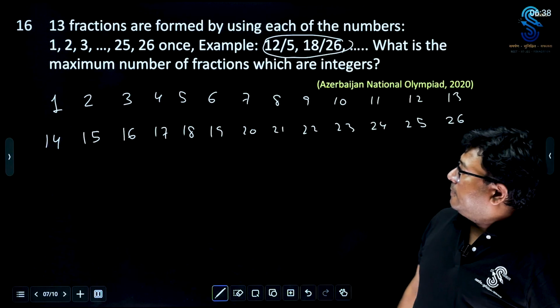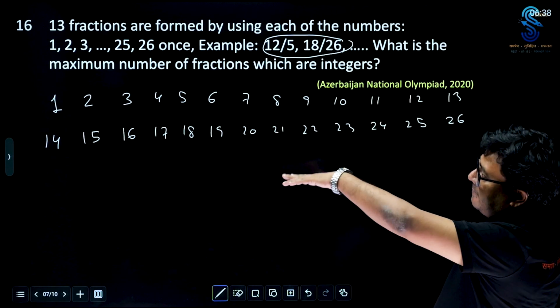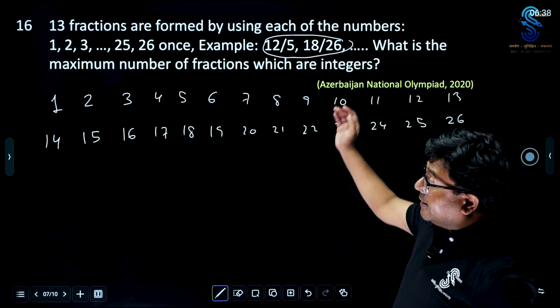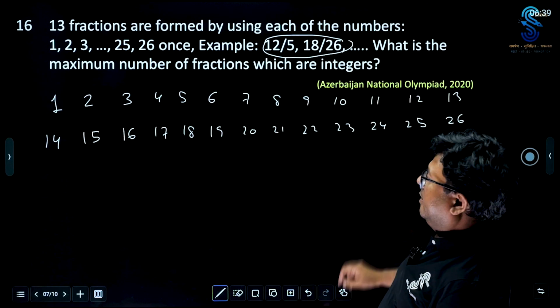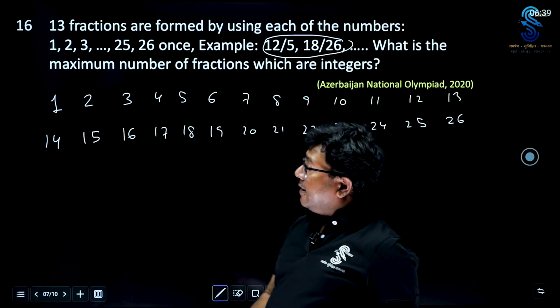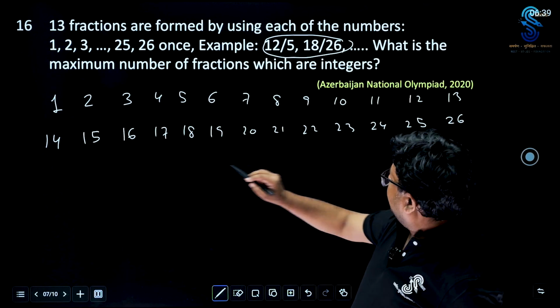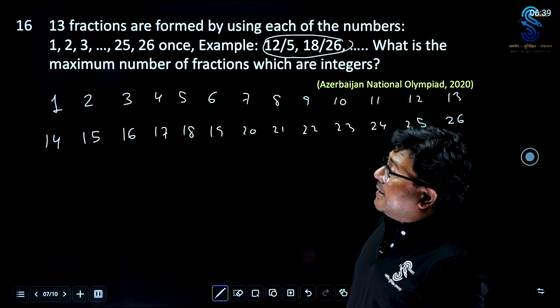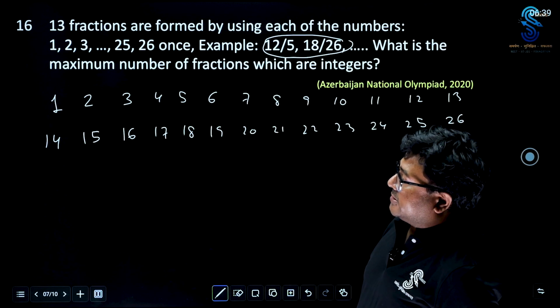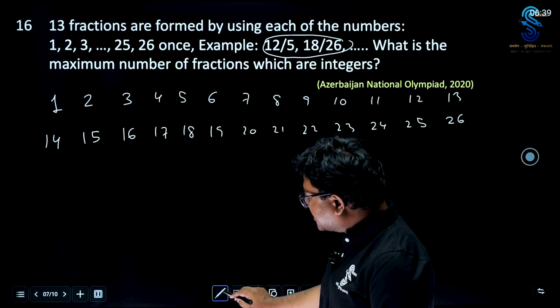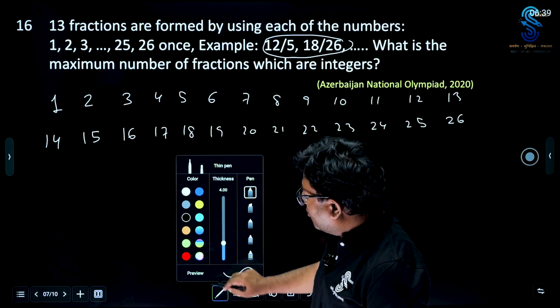Now, first of all, when we consider prime numbers from 1 to 13, its multiple is already there in 14 to 26. But if we consider prime numbers from 14 to 26, its multiple is not in 1 to 26. So first we'll need to exclude those cases or see what can be done.